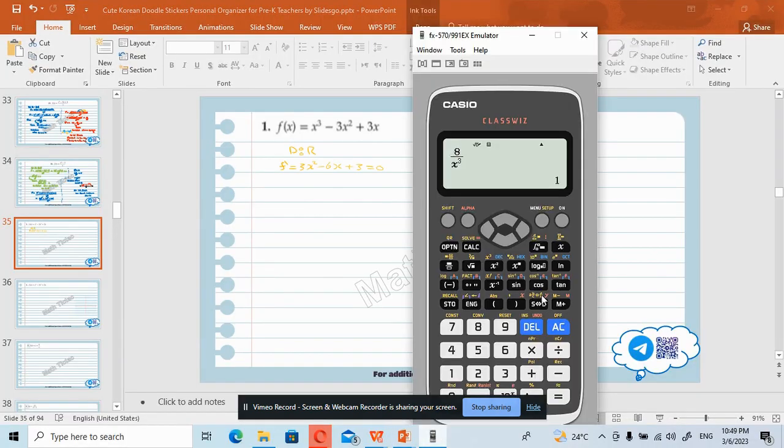Over here I will press menu, then a, then polynomial, then from the second degree. In here I have 3 as the first coefficient, minus 6 the second one, and 3 the third one. So I have 1 only.